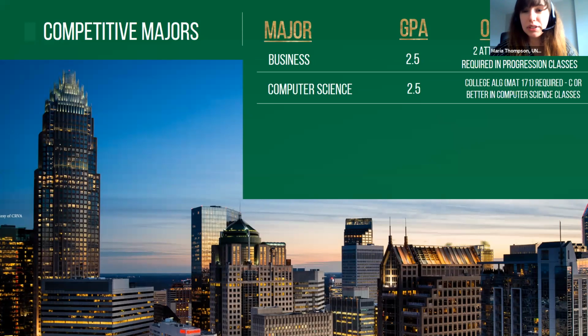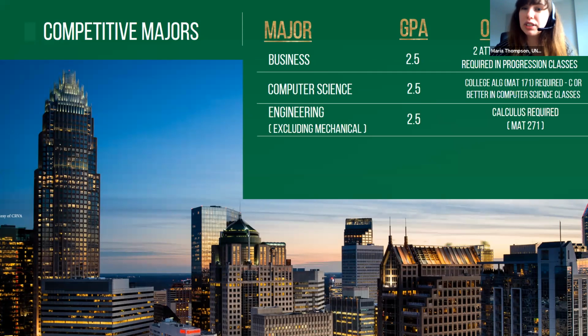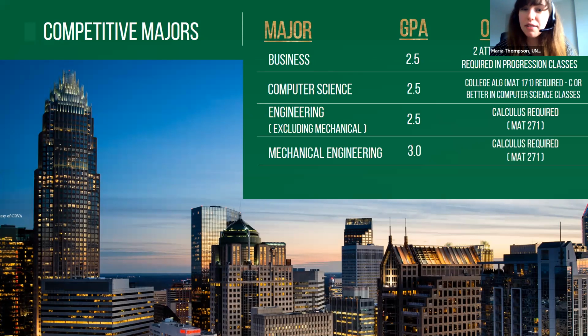I briefly wanted to mention some of our competitive majors. Business will require a 2.5 GPA within your business prerequisite classes if you take any. Computer science requires 2.5, and a C or better in your computer science classes. College algebra is required. Engineering requires 2.5 unless you're going into mechanical engineering, and make sure to have your calculus completed prior to coming.